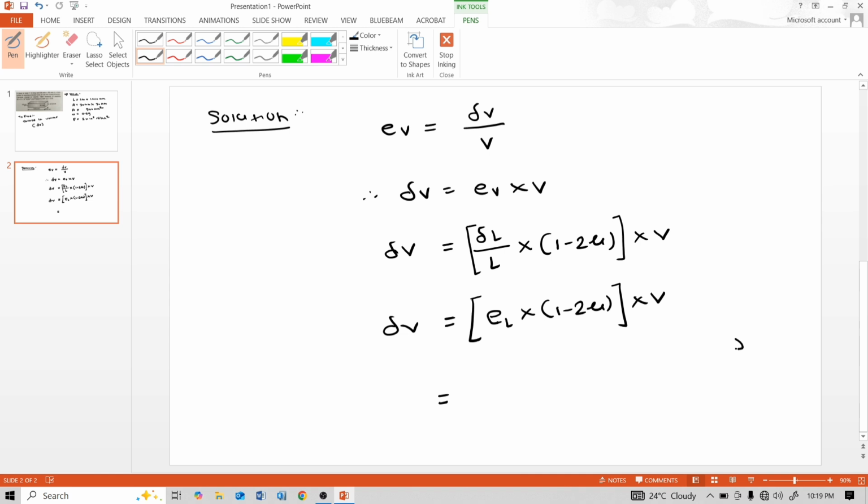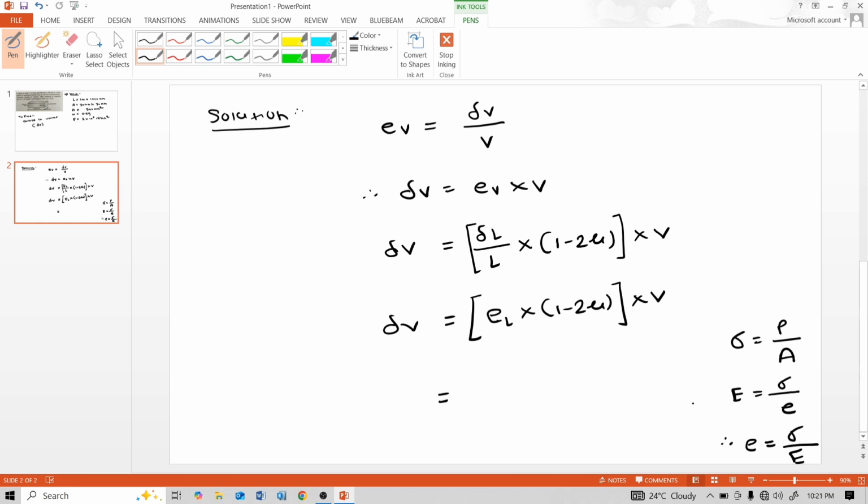Stress is load upon area, and E, modulus of elasticity, is stress upon strain. Therefore strain is stress upon Young's modulus.